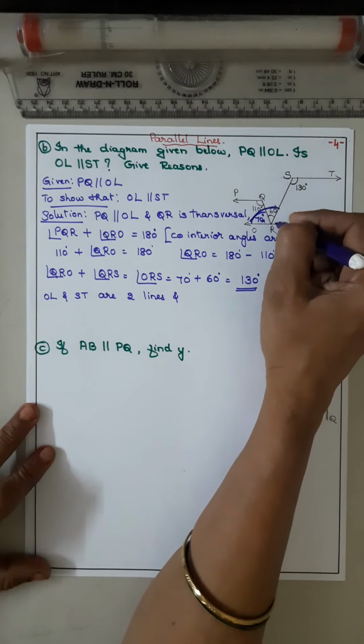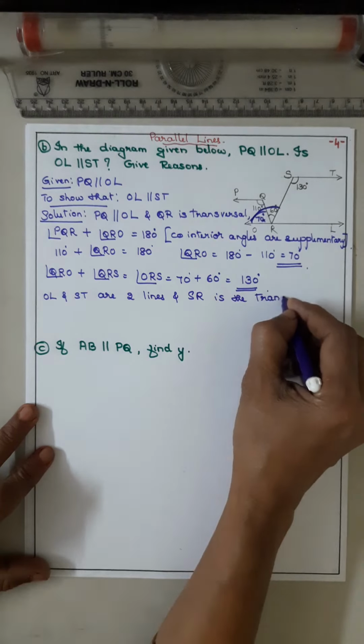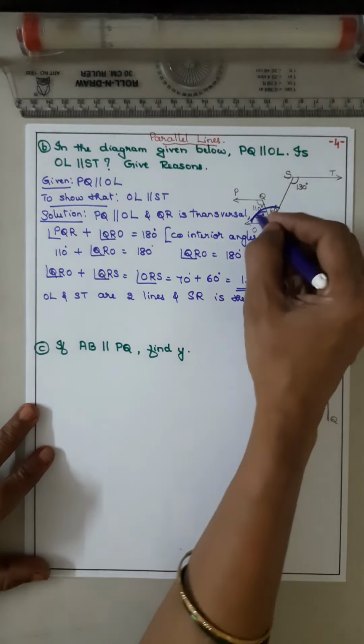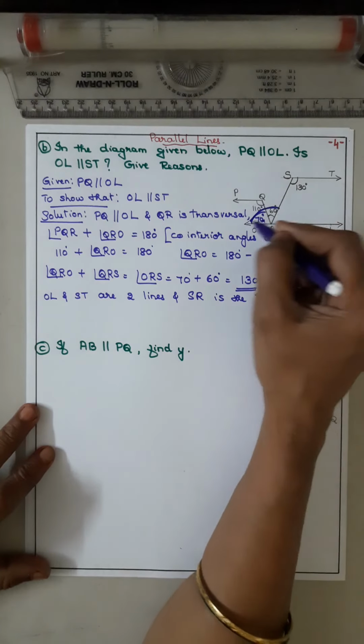SR is the transversal. Are you understanding? So, why did we find out these angles? Because of this angle, and why did we add this? Because ORS and, see, it is a Z, isn't it?